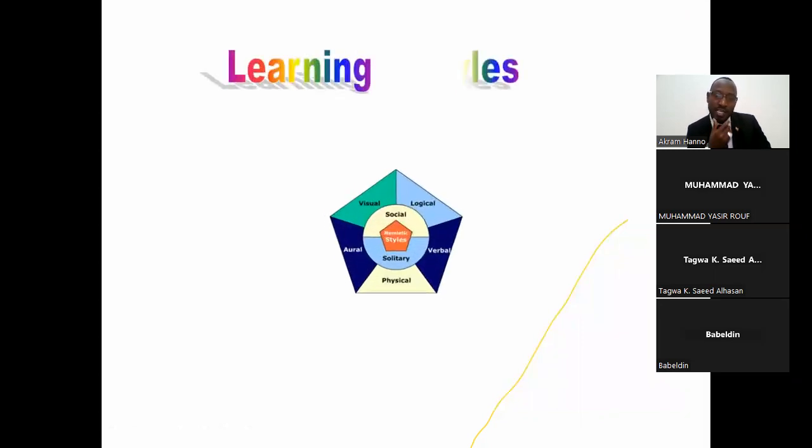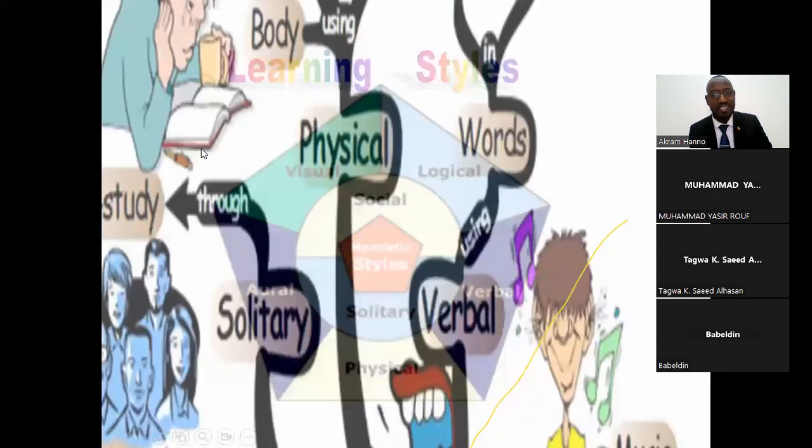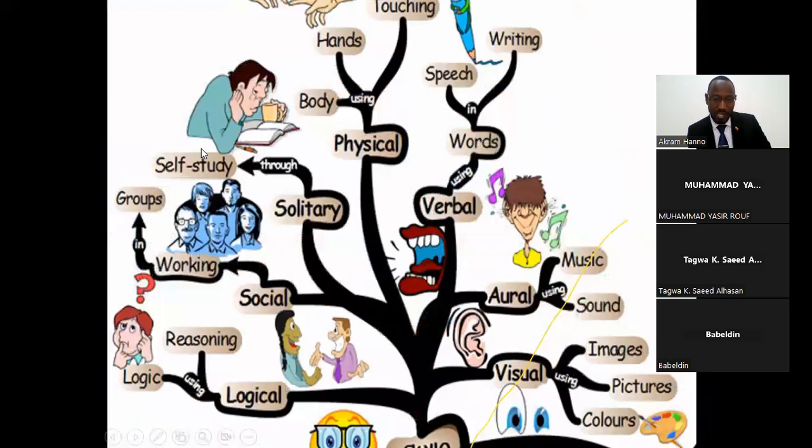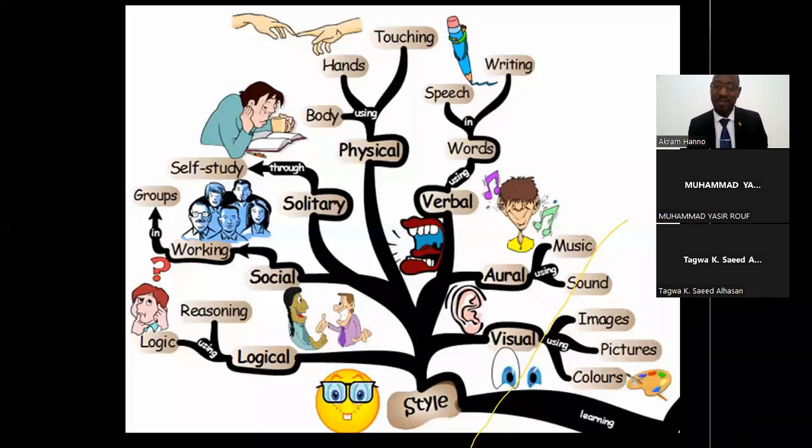Learning styles. When talking about this: kinesthetic, visual, social, solitary, oral, logical, verbal, physical. So let's talk about them in detail. Look at this tree. This reminds us of Noam Chomsky when talking about the grammatical or syntactic structure, the tree diagram.